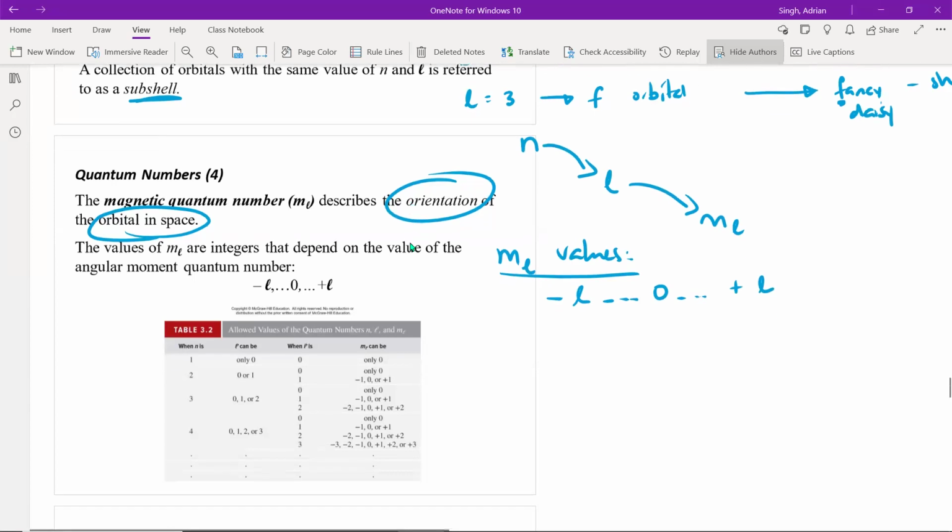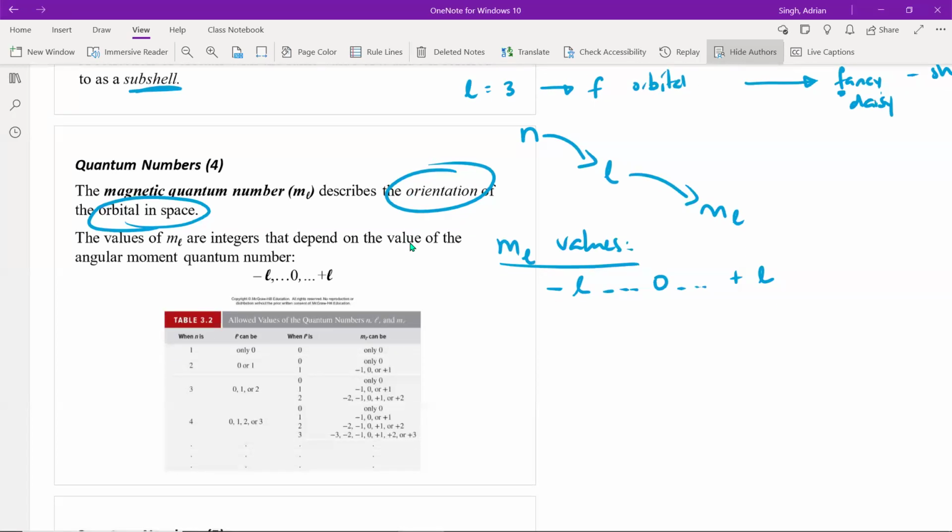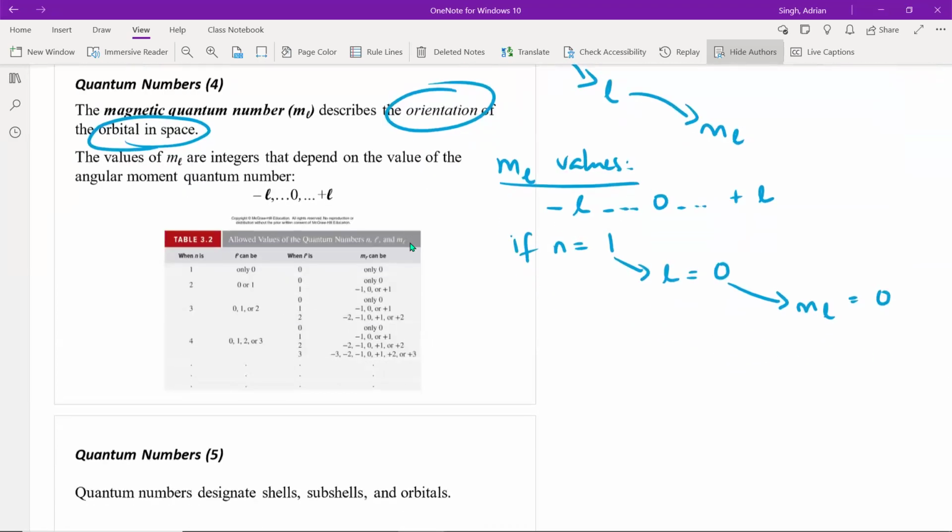For example, and we can chart this all the way through, if n equals 1, then my l value goes from 0 to n minus 1, and we saw before that the only value there is 0. And then my m sub l goes from negative l, well, negative 0 is just 0, through 0 to positive l, which is also 0. So m sub l is also only equal to 0. And that's for the first principal quantum number, n equals 1.